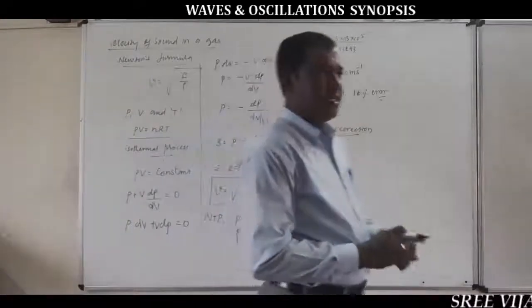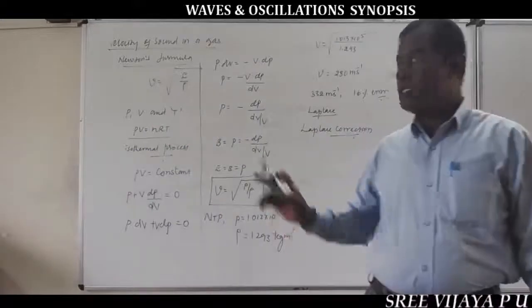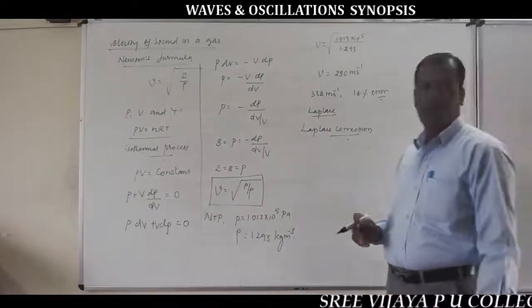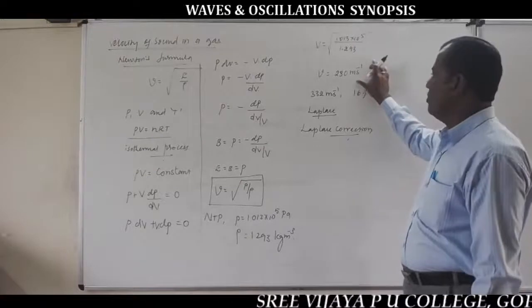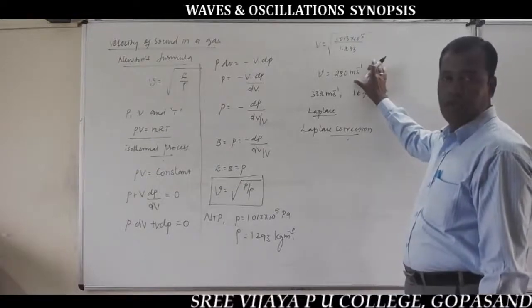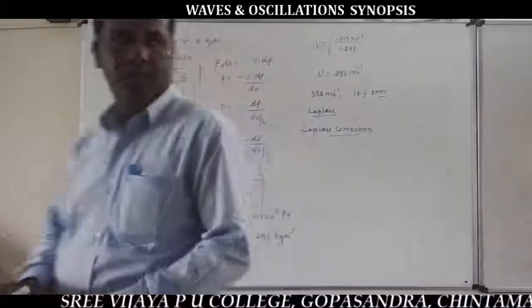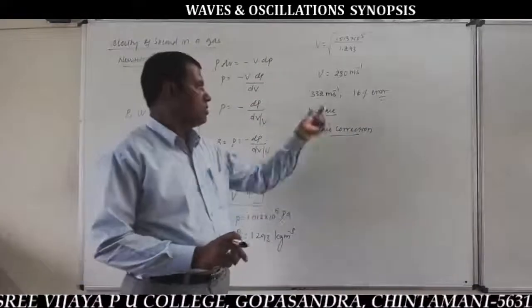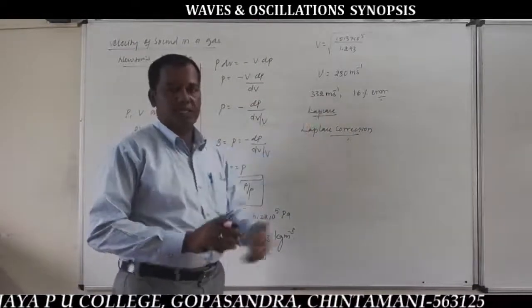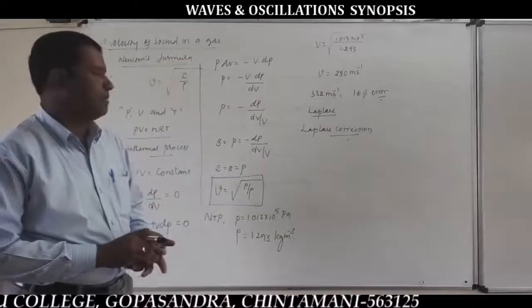But if you consider that as an isothermal process and find the speed of sound in gas, it comes out to be 280 meter per second. There is an error of around 16% because the speed of sound in gas is around 332 meter per second.